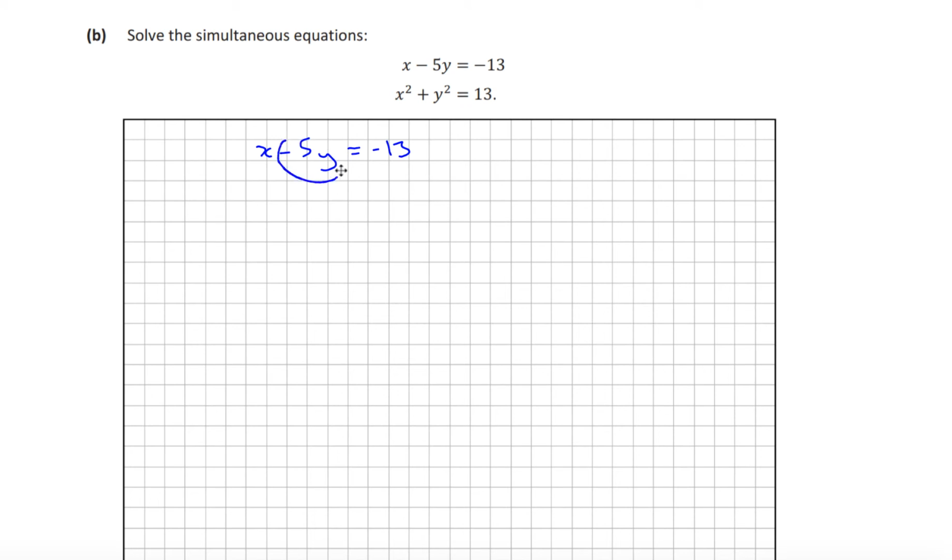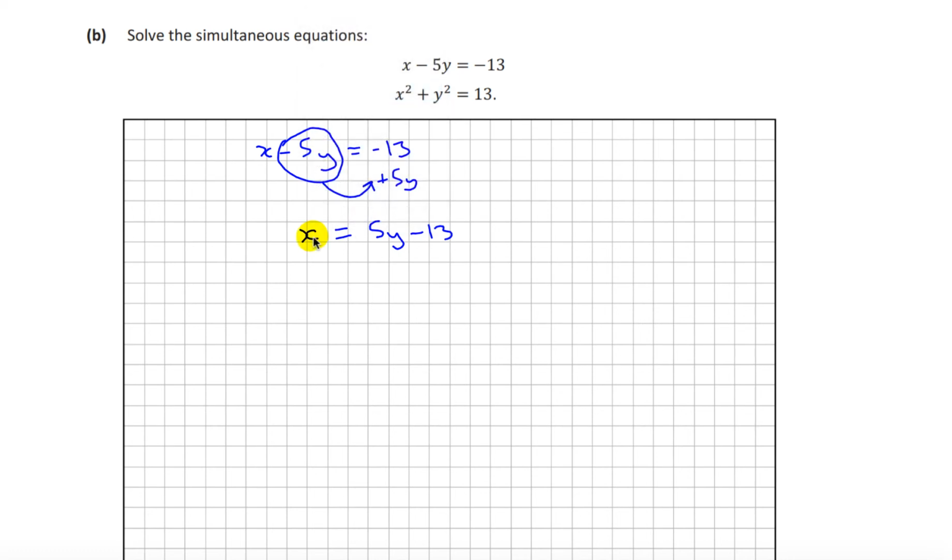So I'm going to bring this minus 5y over to the other side, and it will become plus 5y. Now the reason I do that is because now on the left I'm just left with x, and x is equal to 5y minus 13. And what I can do now is replace the x in the second equation with 5y minus 13 because they're the same.